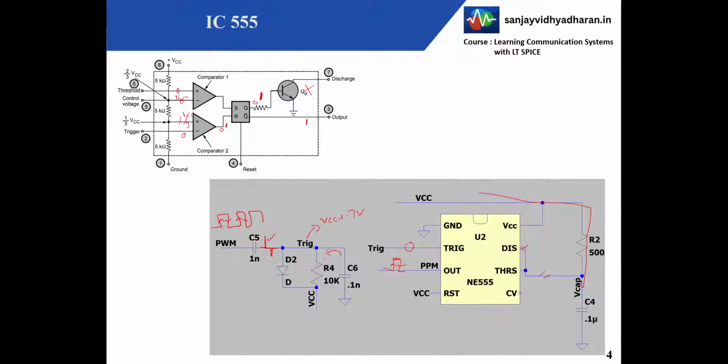So every negative edge, it will create a small pulse. This duration will be 0.69 RC. That pulse width can be controlled by these R and C values. This R and this C together, that RC value will define the width of this pulse, for how long this is going to remain on.